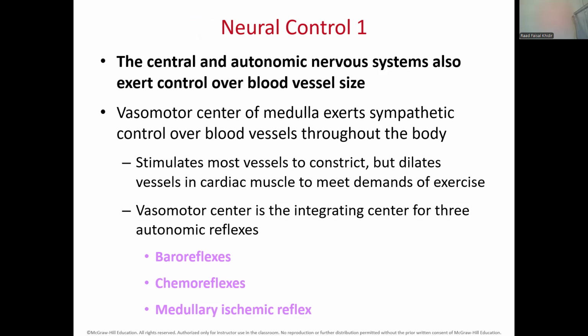The receptors are part of the reflex arc. Remember, the reflex arc is comprised of a receptor, a nerve that carries the input, an integrated center, a 911 center, then an output, then an effector. So the receptor is part of a circle. We're not talking about the receptor only. We're talking about the whole reflex.